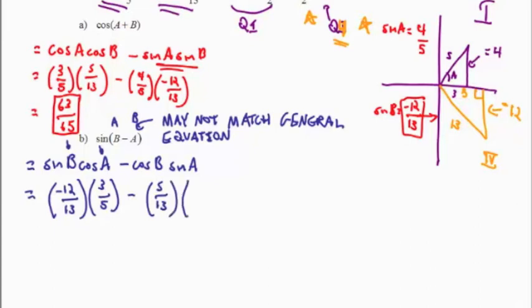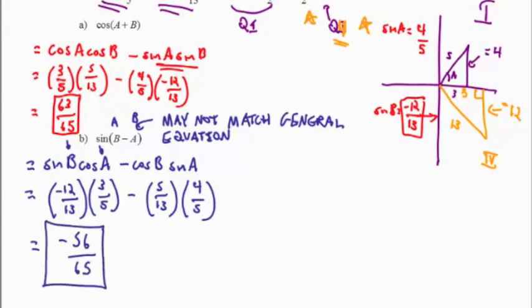That's negative 12 over 13. Sweet. And the cosine of A, well, we were given that. That's 3/5. Subtract the cosine of B, which is 5/13, and the sine of A, which is 4/5. So again, we have our common denominator of 65, but in this case we have negative 36, subtract another 20, which means we're going to end up with negative 56 over 65. Boom.